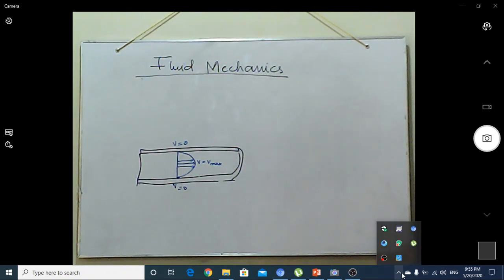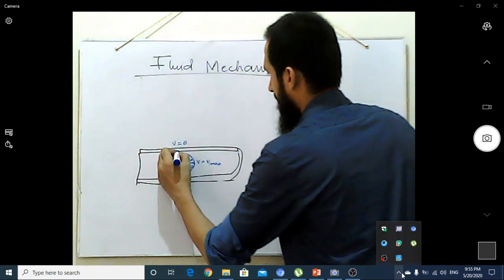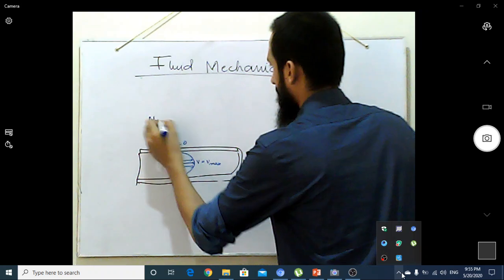Again, this layer is just stuck with the solid wall and unable to move at all. So we can say from this point to this point, there is the no slip condition.